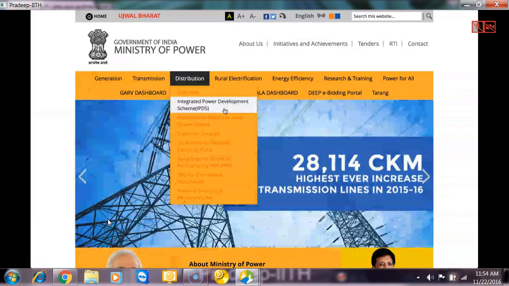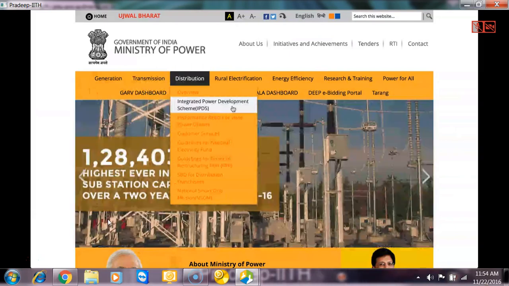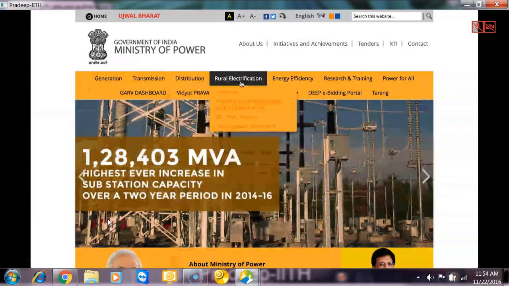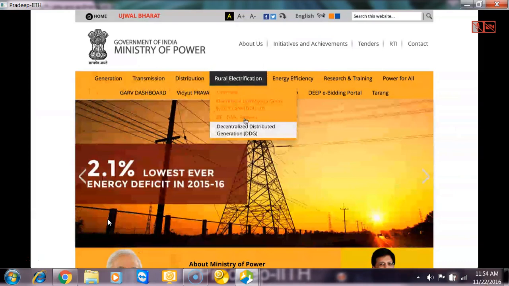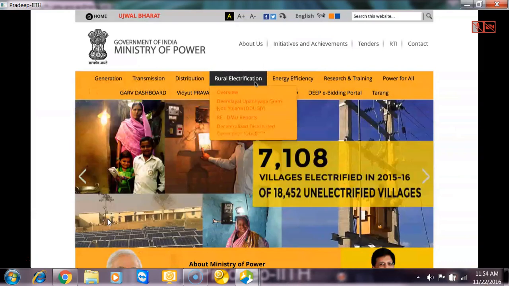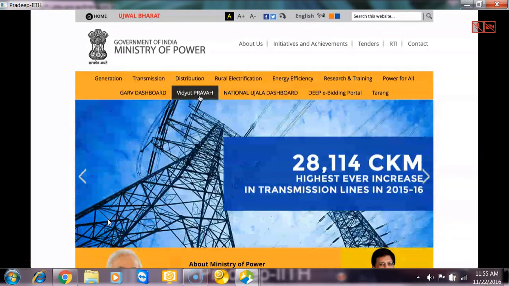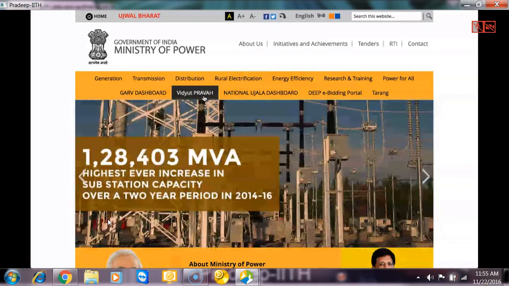This is for improvement of distribution networks. Then there are some programs on rural electrification, energy efficiency, some training and some initiatives. So below you can also find something called Vidyut Pravah and National Ujala Dashboard. So let's see. First I'll open this one.